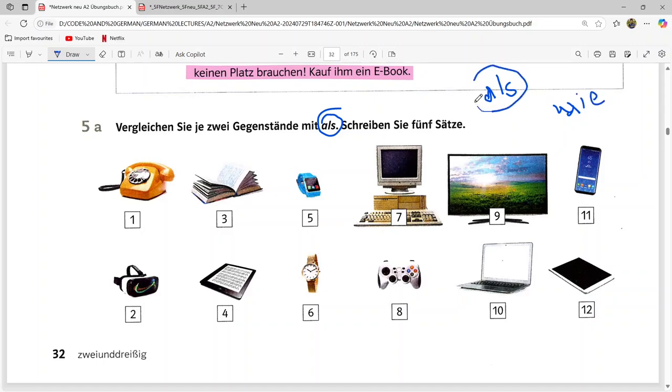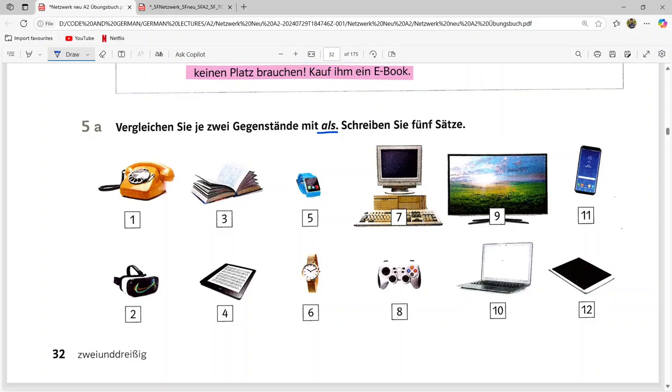For the als case, if one is greater than another, then we can use als, and if two things are equal, we use wie. Okay, so let us write the sentences, then it will be very clear. If it is not clear, just refer to the course book. Okay, so we have to just compare and make the sentence with als.